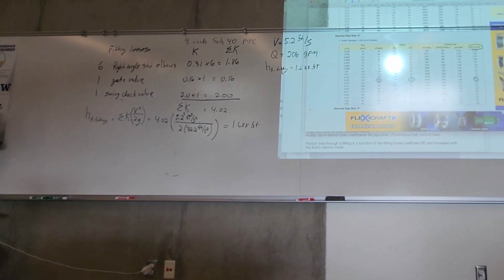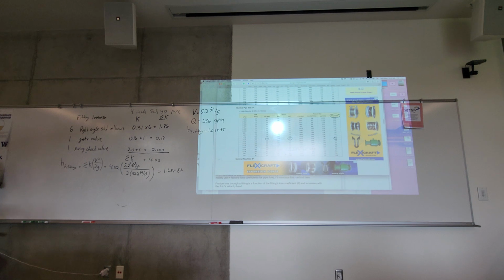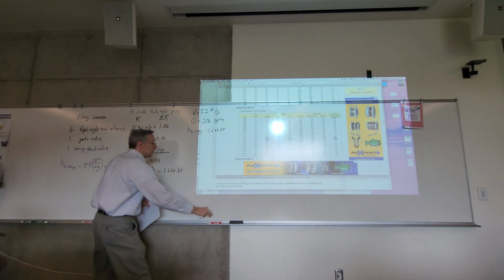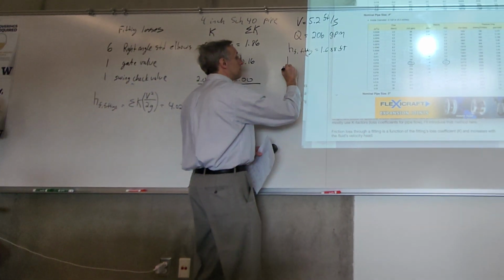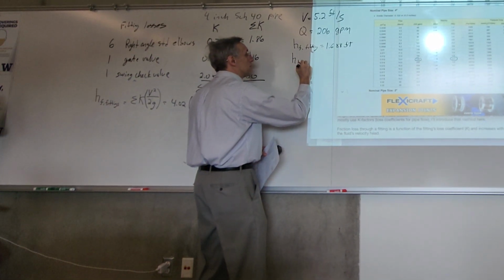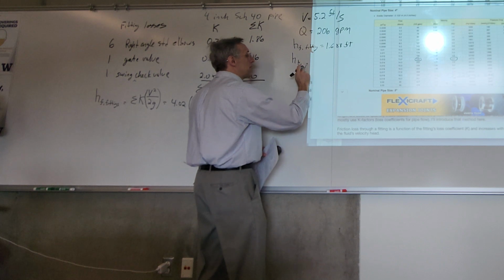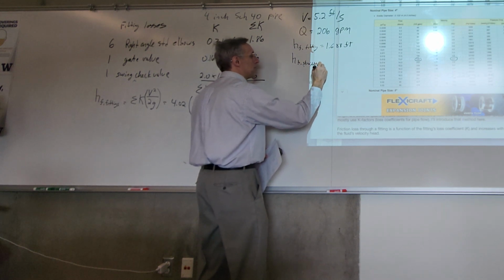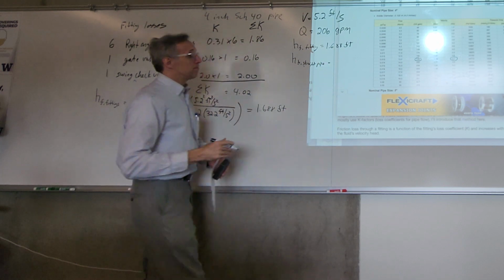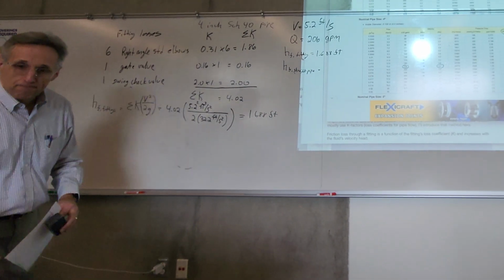So we have to do the major loss as well for the length of pipe. HF for the straight pipe is based on the total length of the pipe.